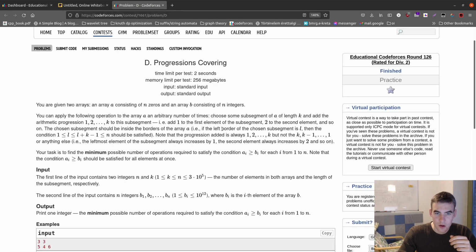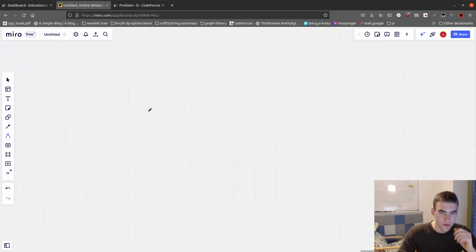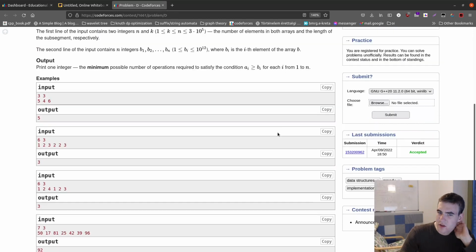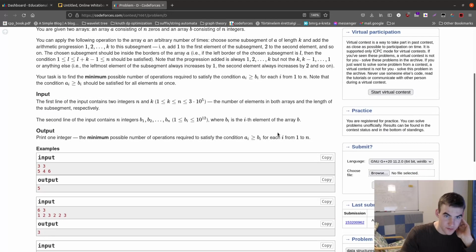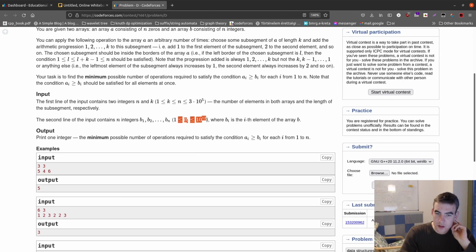Okay, problem D. Problem D was, I don't know, it wasn't very interesting, it was sort of interesting. We were given an array A that contains zeros and an array B consisting of integers, which could be pretty large.